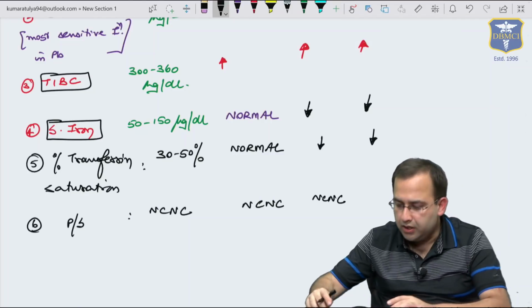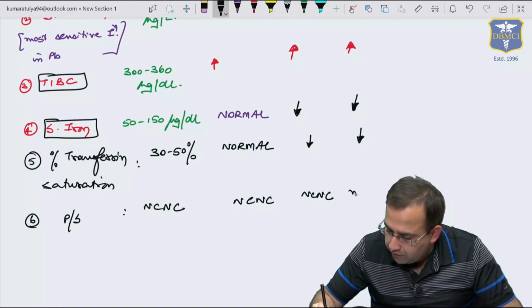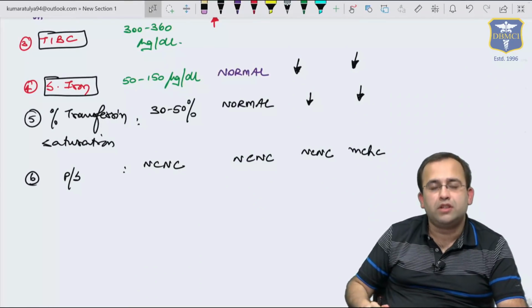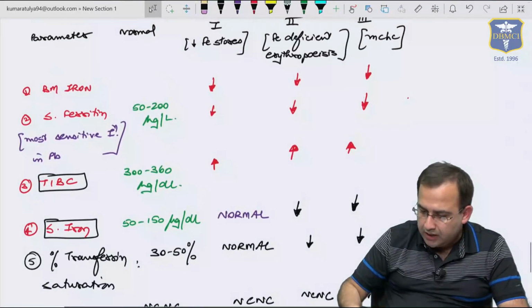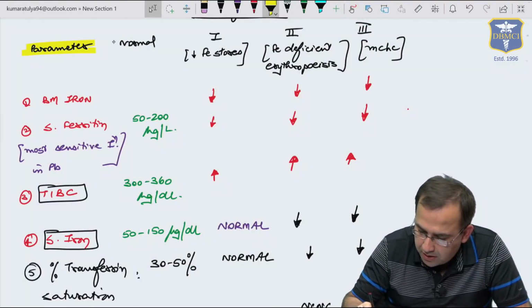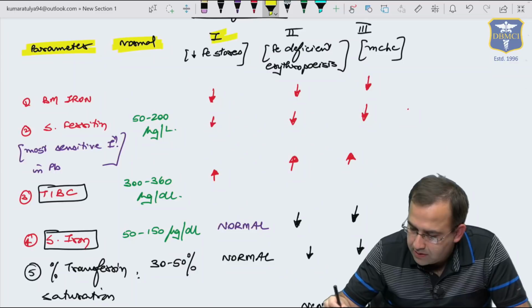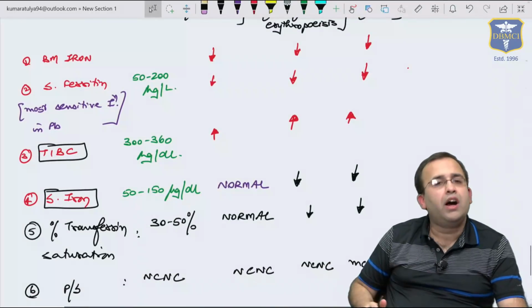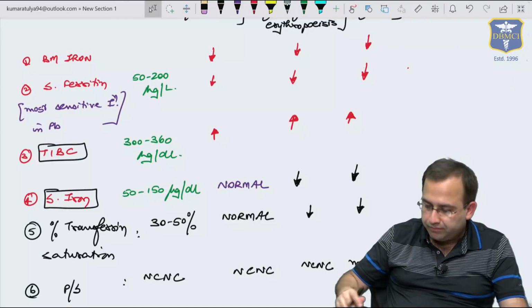Normocytic normochromic in stage 1 and 2 versus microcytic hypochromic in stage 3. These are the stages with headings as parameter, normal values, stage 1, 2 and 3. Stages of iron deficiency anemia.